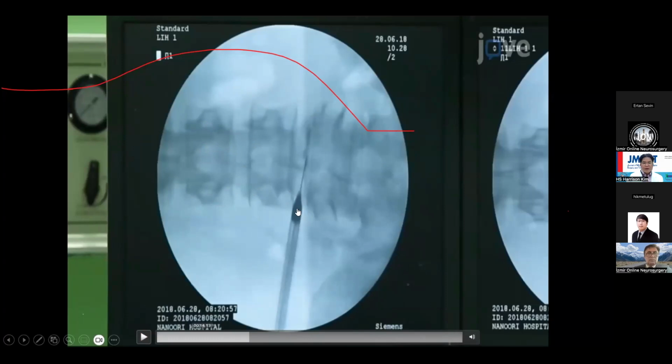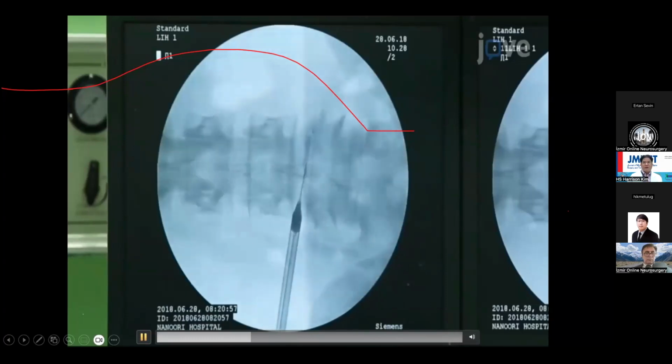I already mentioned that inserting the object into the deeper Kambin's triangle is very important.